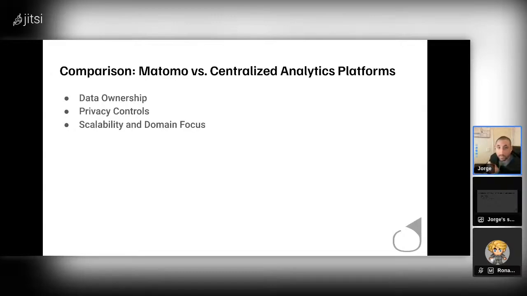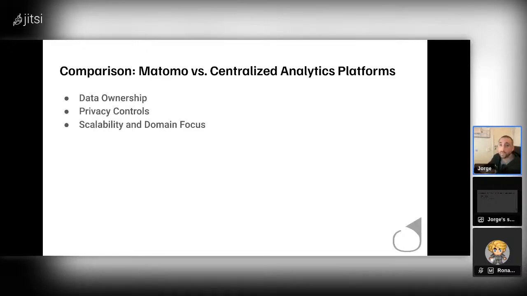Matomo can be scaled flexibly across different domains and departments, with each team able to configure analytics according to its specific needs. For instance, one team might track e-commerce metrics while another focuses on product engagement.